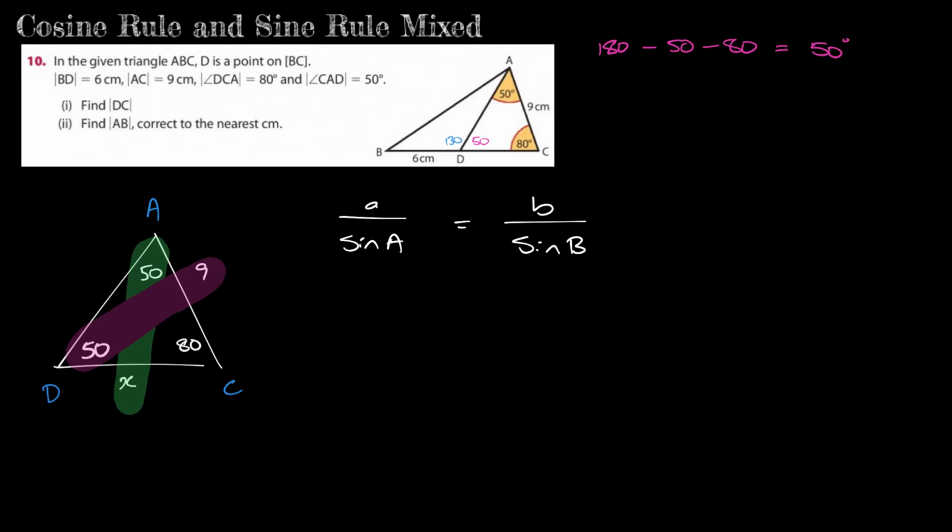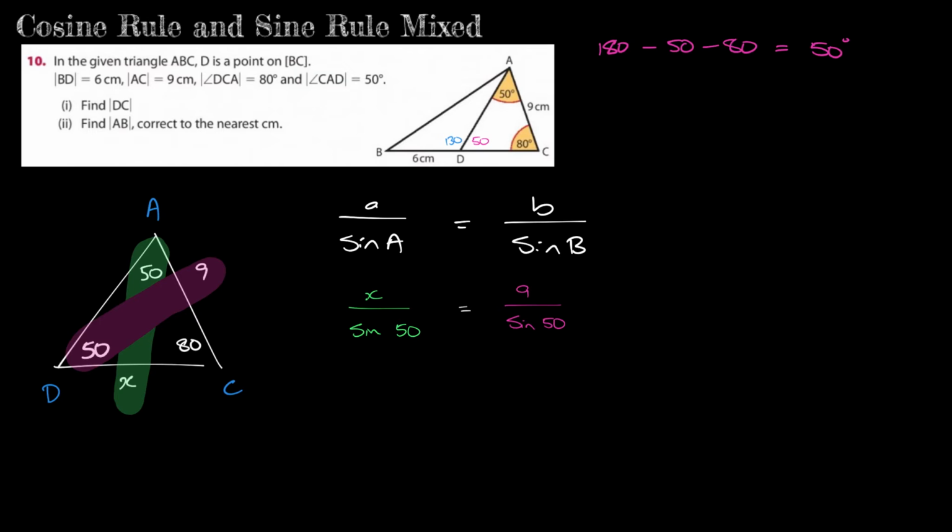I'll keep this in green just for the sake of keeping things easy. So x over sine 50 is equal to, in the pink one, 9 over sine 50 as well. So both angles are 50, but that's fine.